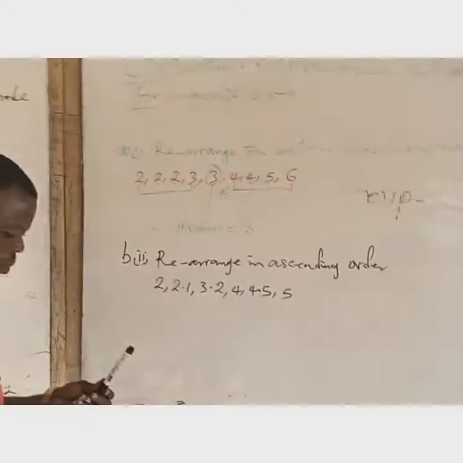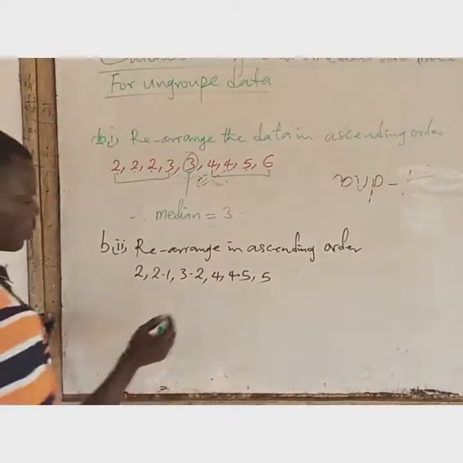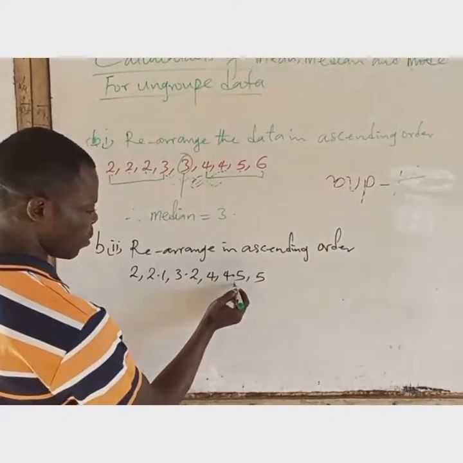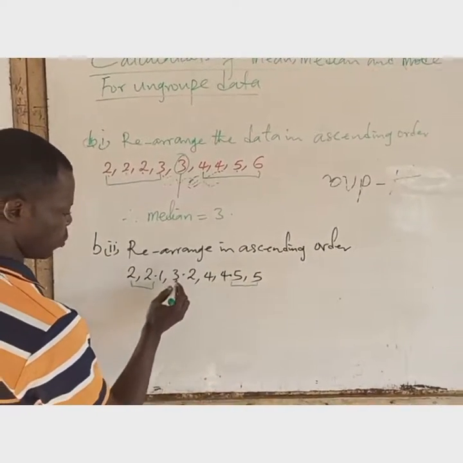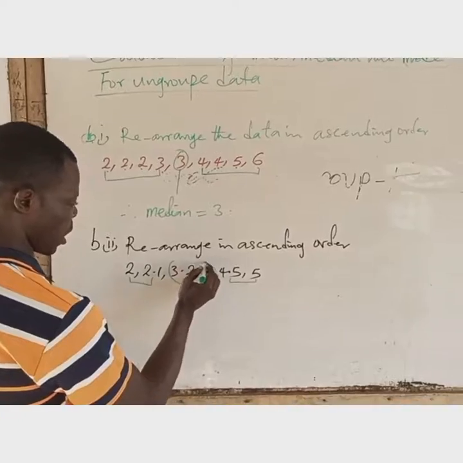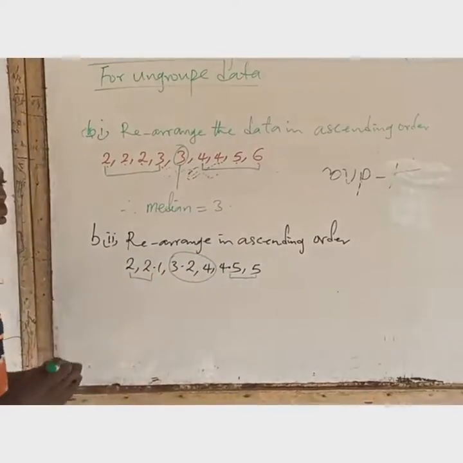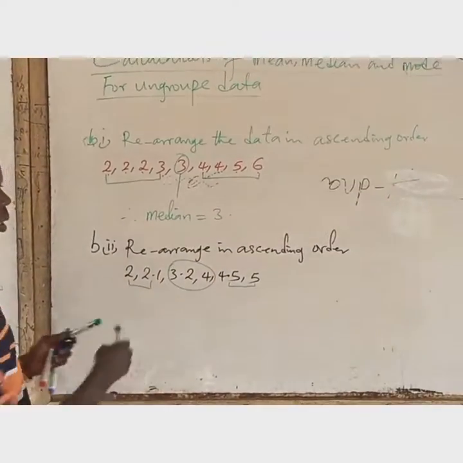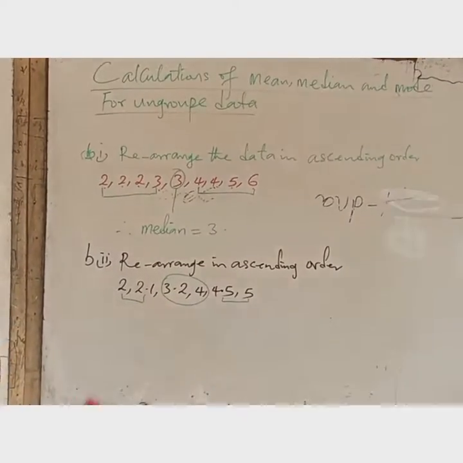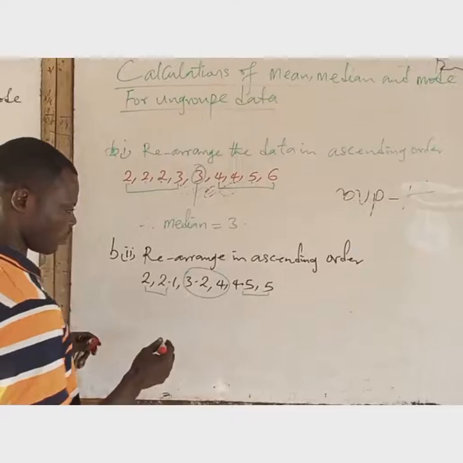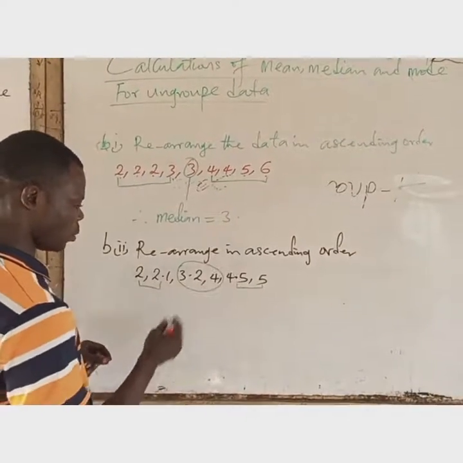So here we want to look at the middle values. These are the values at the middle. This is an even number of observations, so we find the arithmetic mean of these two values.